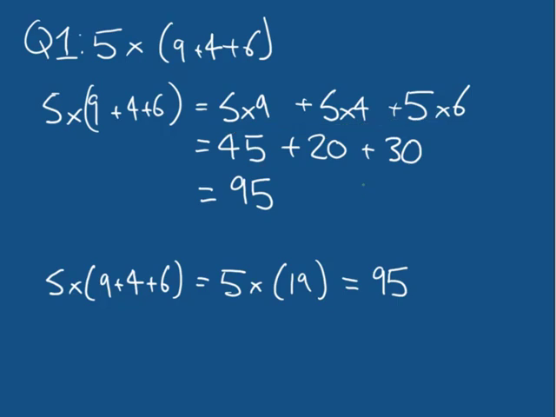So that's question 1. Let's look at a slightly more complex example now that combines additions and subtractions, because once you get the idea and understand how it works, it's very simple. I can appreciate that when you're first starting out, combining additions and subtractions can be a little bit confusing. So let's go through a question that uses those.